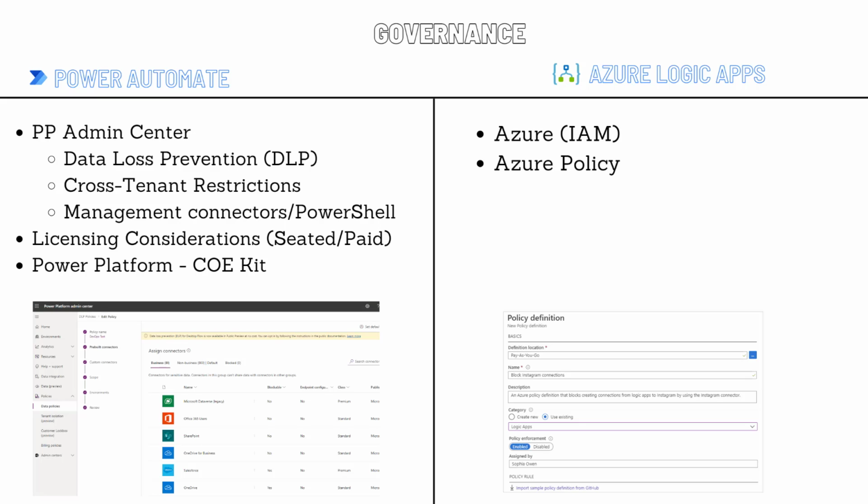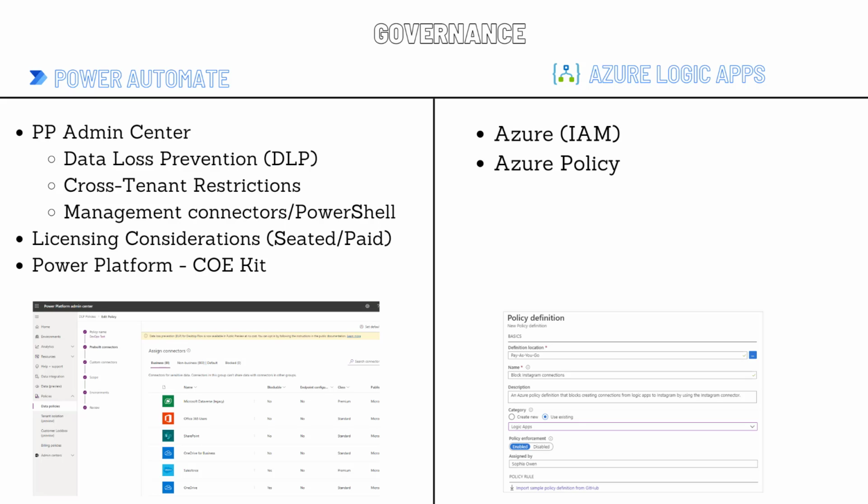Now, on top of it, there is Azure Policy, which is worth mentioning. Azure Policy allows companies to go ahead and enforce governance at an Azure level. And so, for example, we've talked a little bit about DLP, data loss prevention, in the Power Platform world. We can use something kind of similar if we wanted to restrict which connectors can be used on the Azure side.